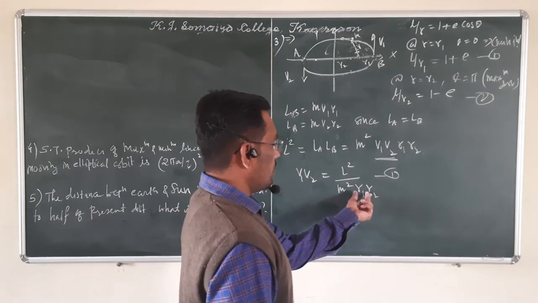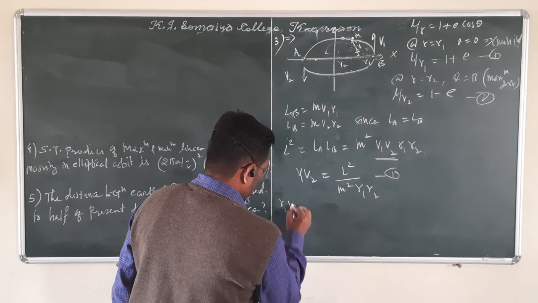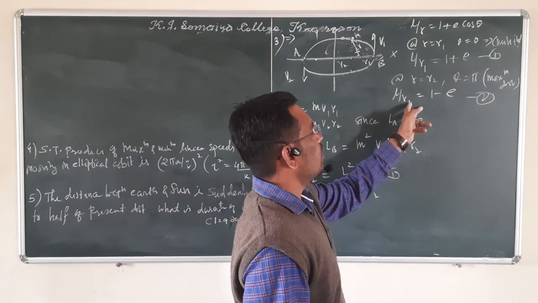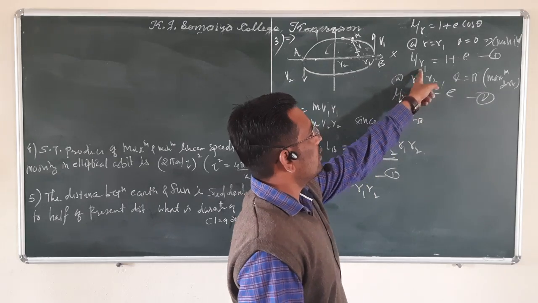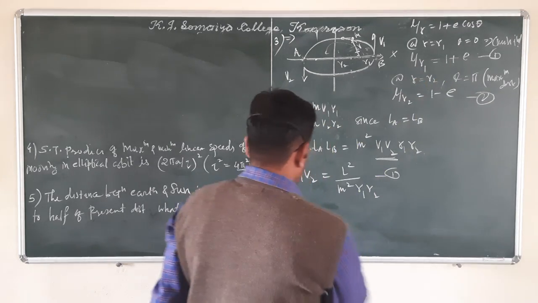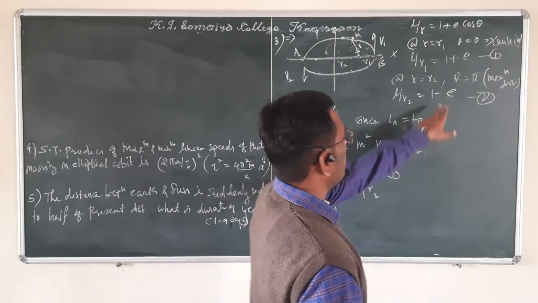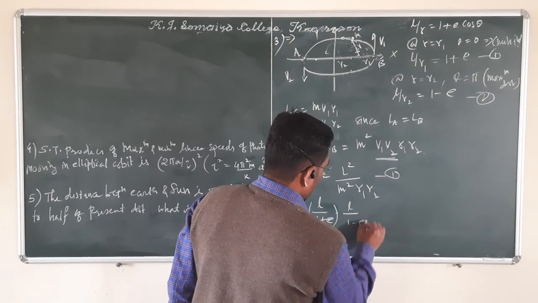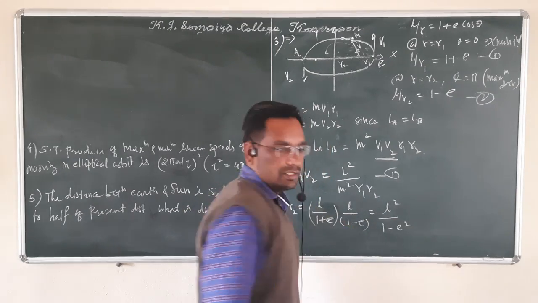Now we have to take this product term r1 r2. From equations 1 and 2, r1 is L divided by 1 plus e, multiplied by r2, which is L divided by 1 minus e. So this product is nothing but L square divided by (1 minus e) square.